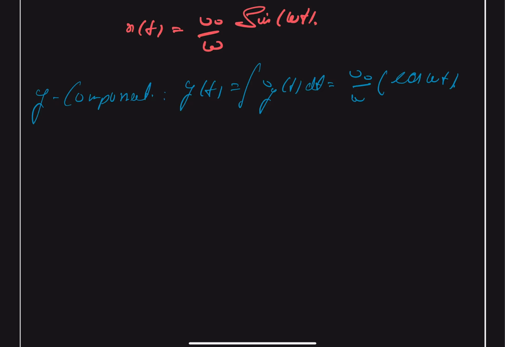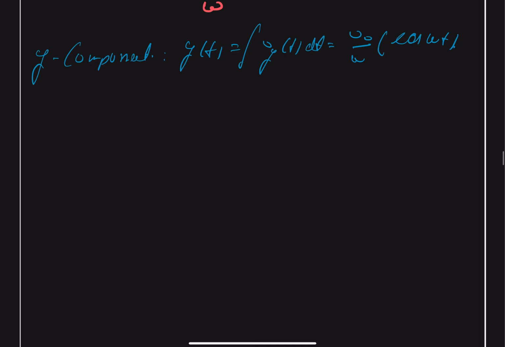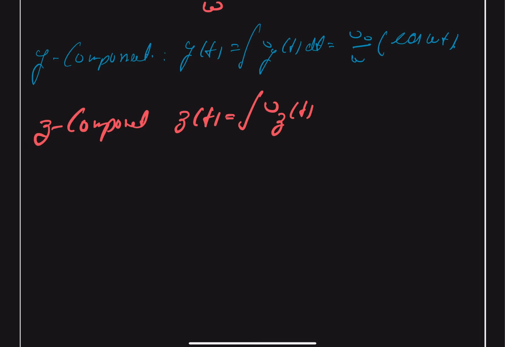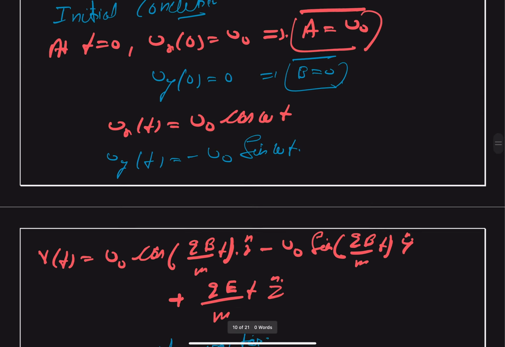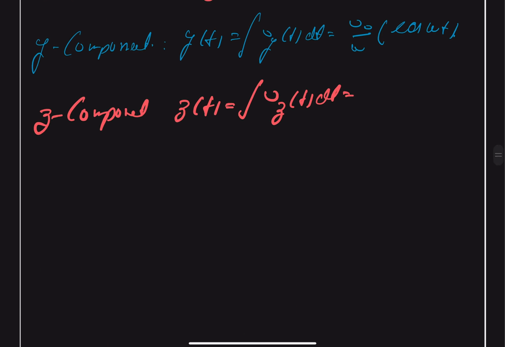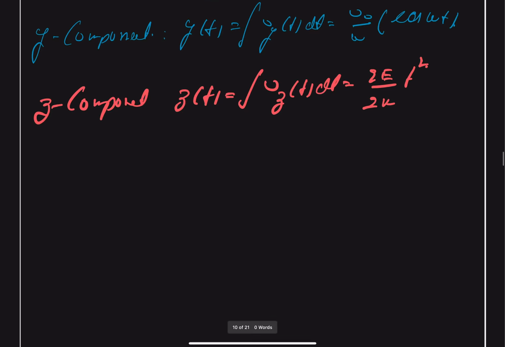And finally, we can write our z component, z of t is the integration of vz of t dt. So simply substituting the value, this comes as qE upon 2m times t square.